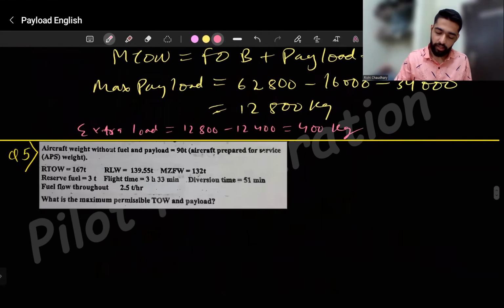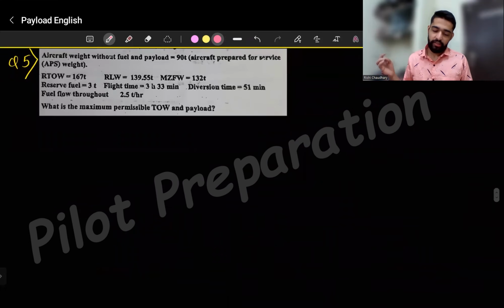Now let's move to the fifth question, which is: aircraft weight without fuel and payload is 90 ton. T means ton. And aircraft prepared for service is nothing but aircraft prepared for service weight. Whenever they write aircraft weight without fuel and payload, that is dry operating mass. Just imagine total mass minus payload minus fuel on board will give me dry operating mass, that is nothing but aircraft prepared for service mass.